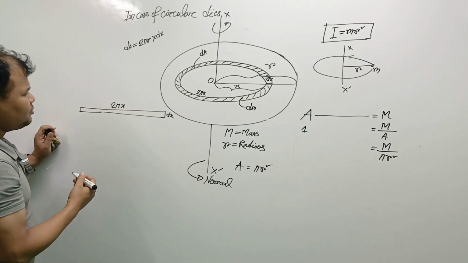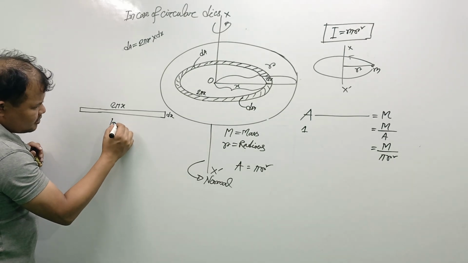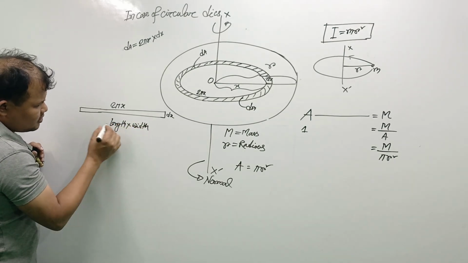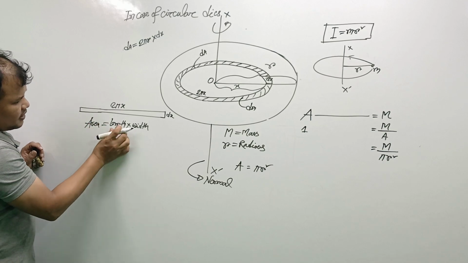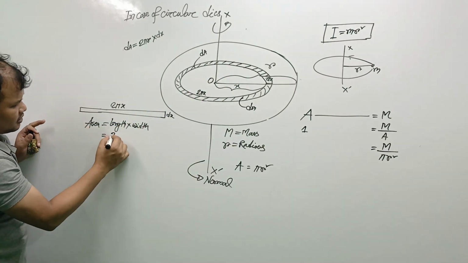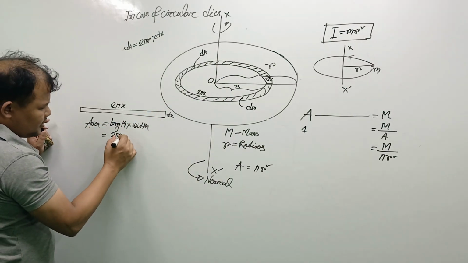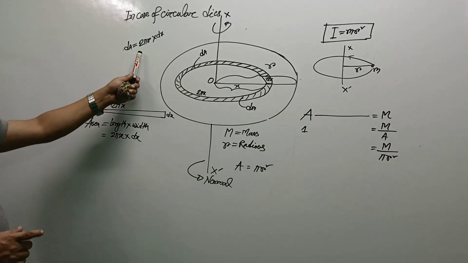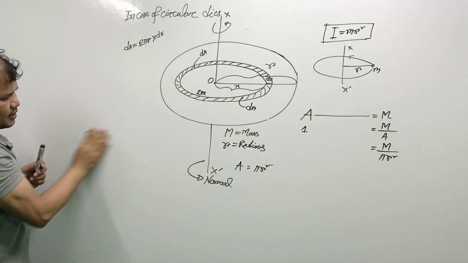To find the area, we multiply length and width. The length will be exactly equal to the circumference of the circle. That's why we write twice pi x and multiply by dx. So this is the very smallest area of the cross sectional part.